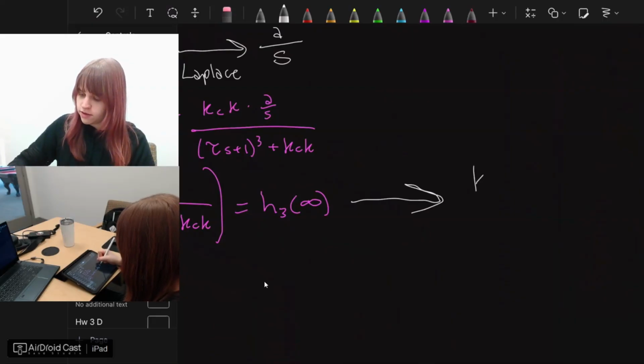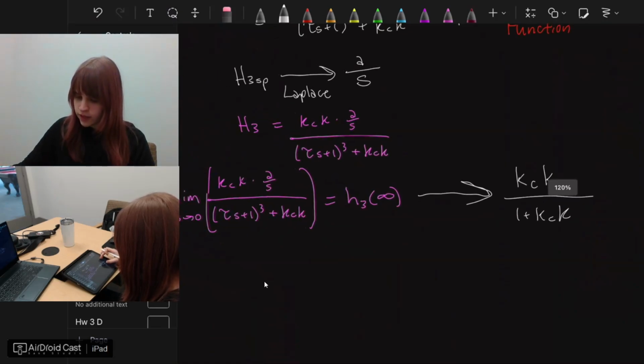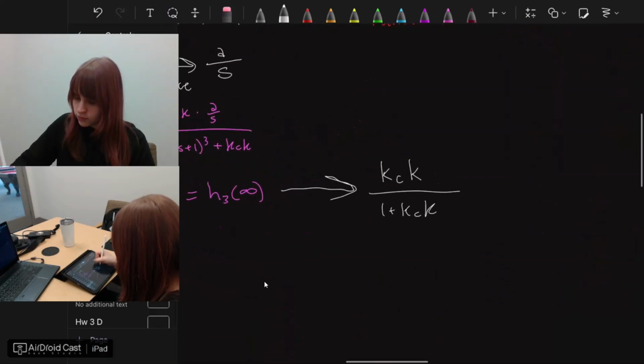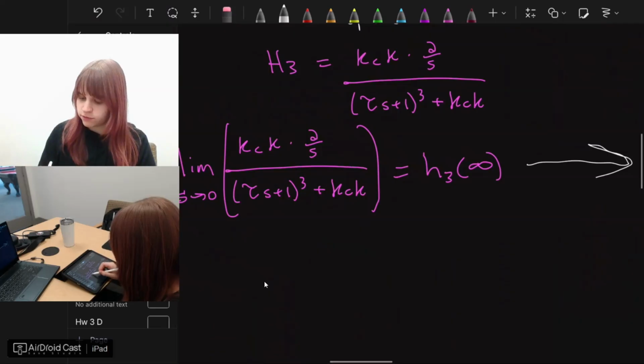We get our KCK over our 1 plus KCK that we have here times a. And that is basically getting rid of the s's right there.